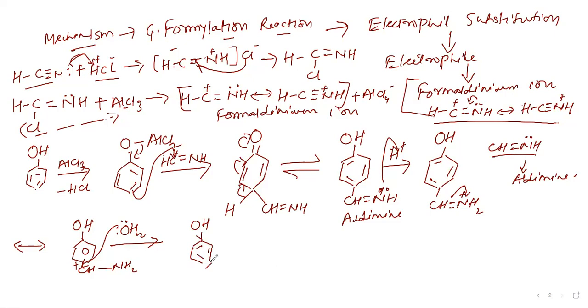So this OH2 will join with this carbon, right? What it will form is CH NH2, then you have this OH2 positive charge hydrogen. This OH2 combined with this carbon, right?